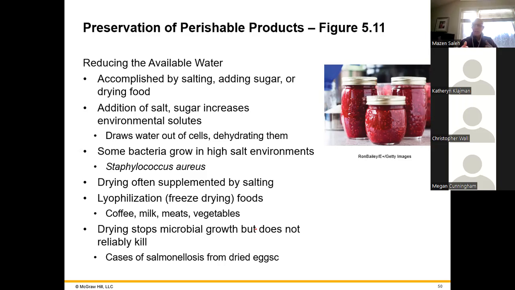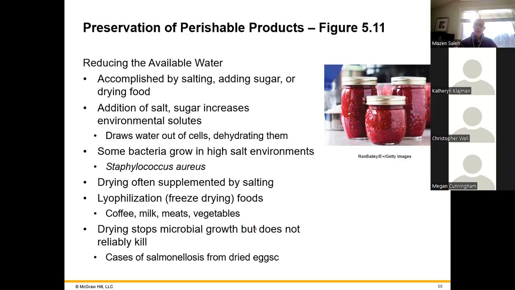So salting, when you add salt, you are reducing available water. If you add a lot of sugar, I know this sounds counterintuitive, to add sugar, which is a very popular food source for microbes, to use it as a preservative.